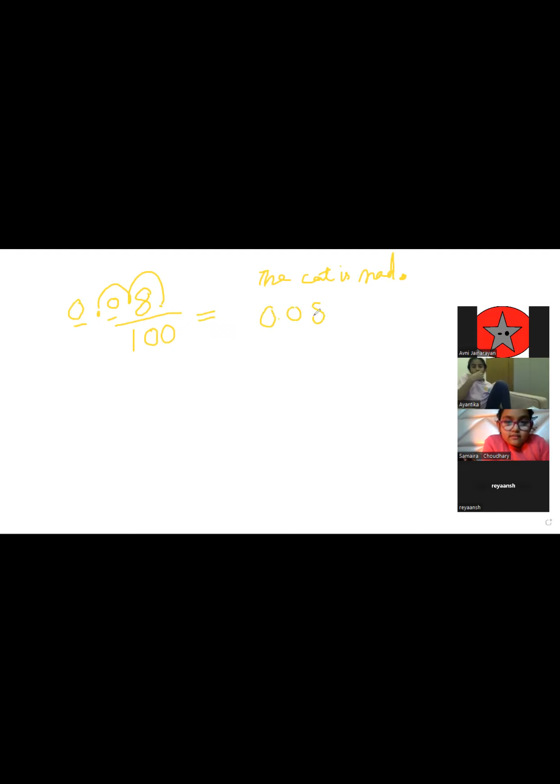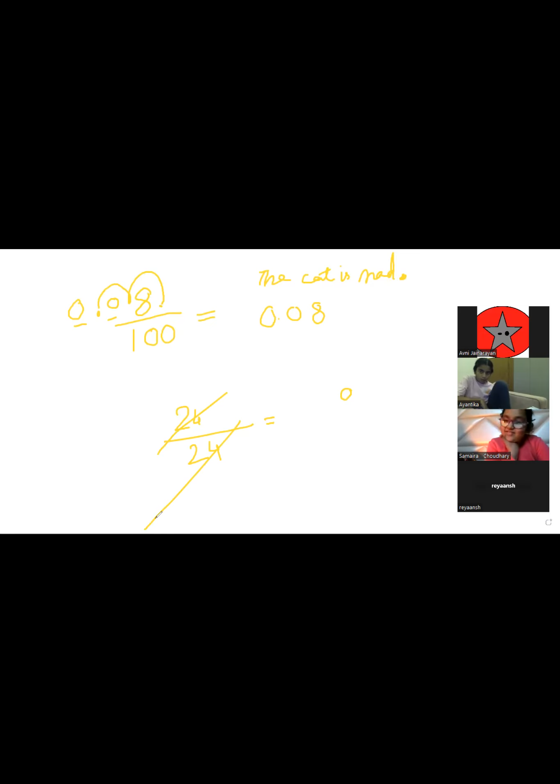Now I'm going to give a question. You tell me the answer. What is 24 upon 24? 1 whole. Yeah, but sometimes a girl tells me it is 0. If I cross this, what is left? 0. Right, Samaira? 0 is left, right? Yes, ma'am.